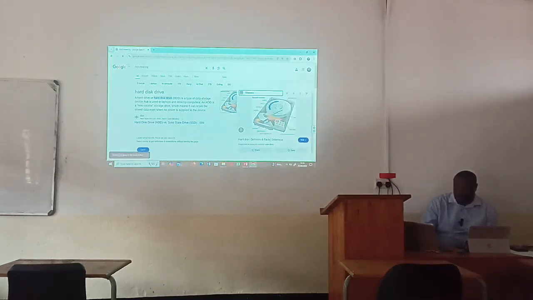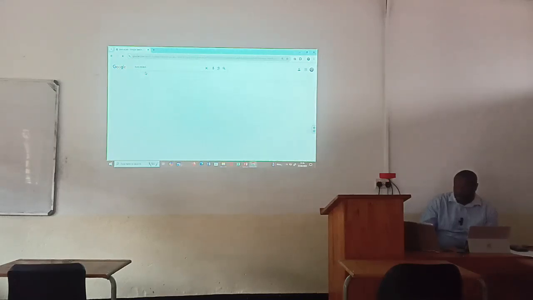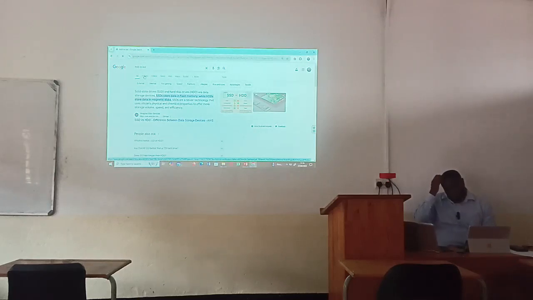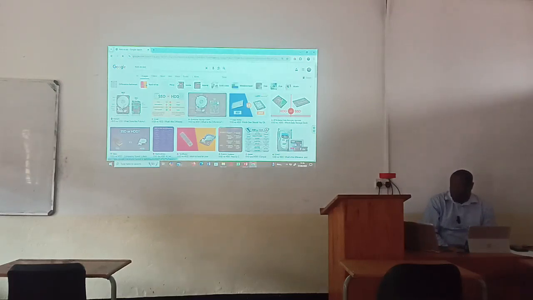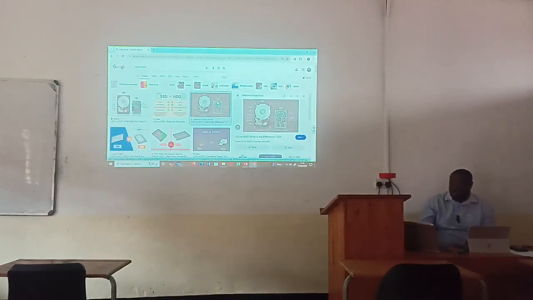So for an SSD, that's the difference. Inside, there are chips.